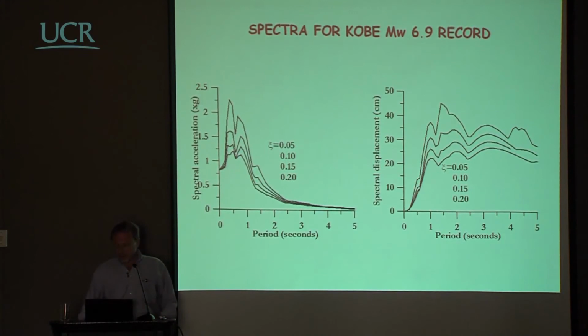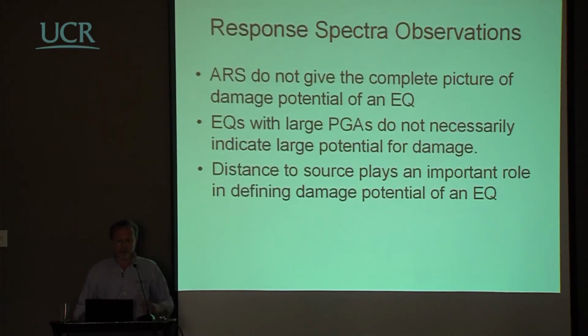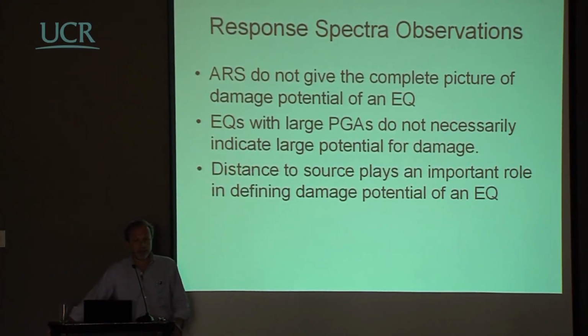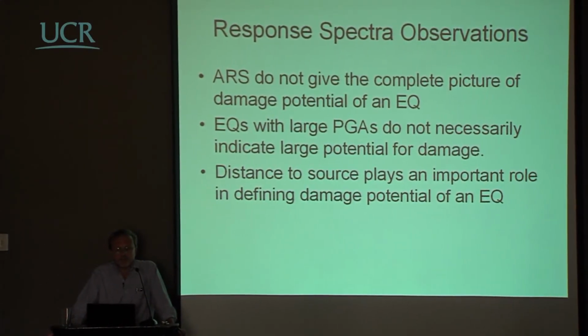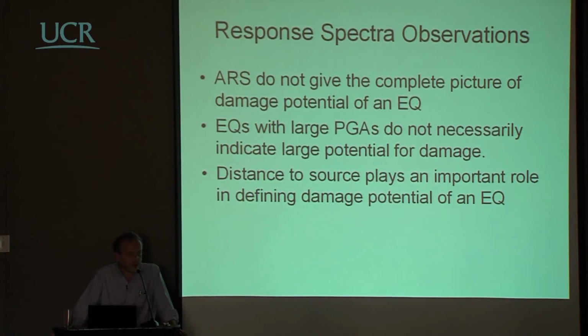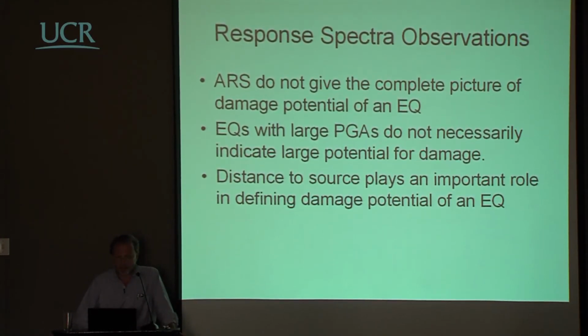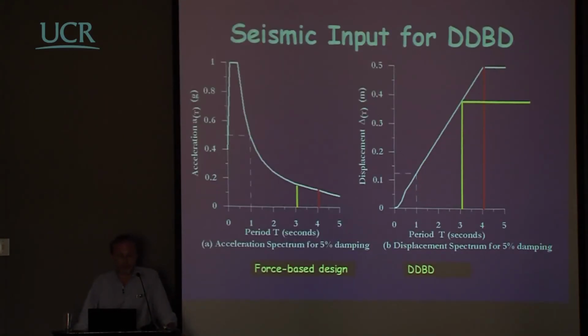Now, the point is we have to discuss, looking at these examples and seeing again that from acceleration we don't get a clear picture, how should we derive a displacement spectrum, which is what we need for our approach.